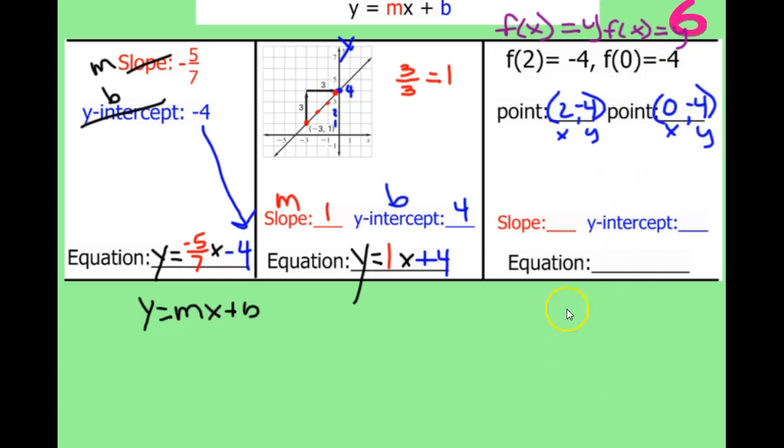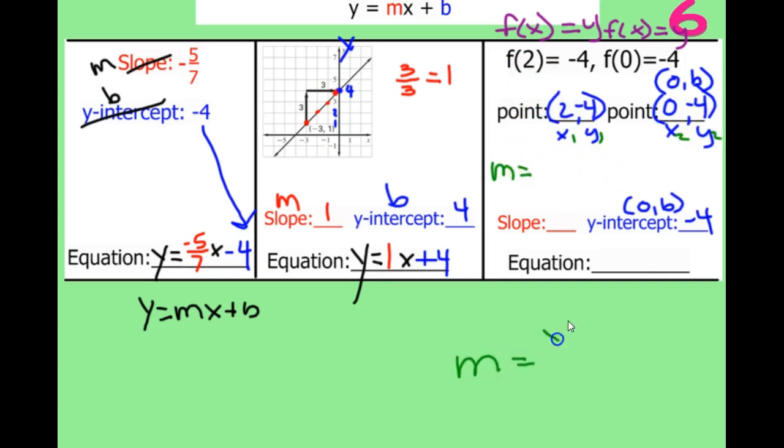Before I start, I know that my y-intercept is just looking for the point 0, b. So I know right here this is 0, b, so b is negative 4. If that's easiest to find first, go ahead and do that first.